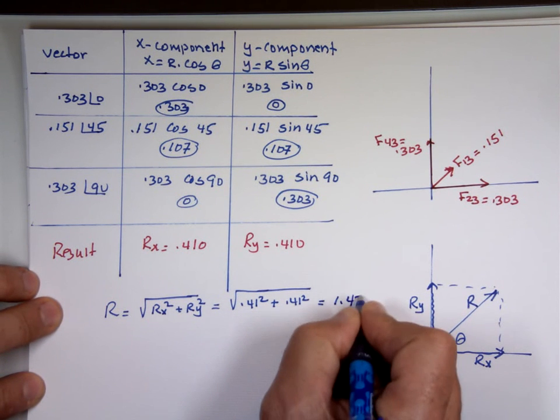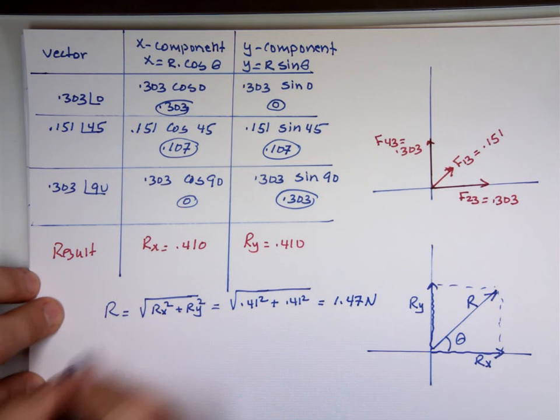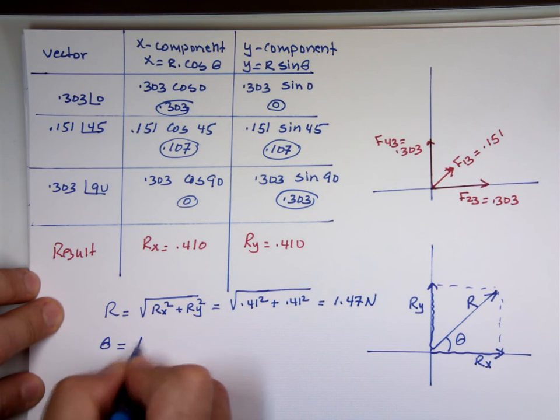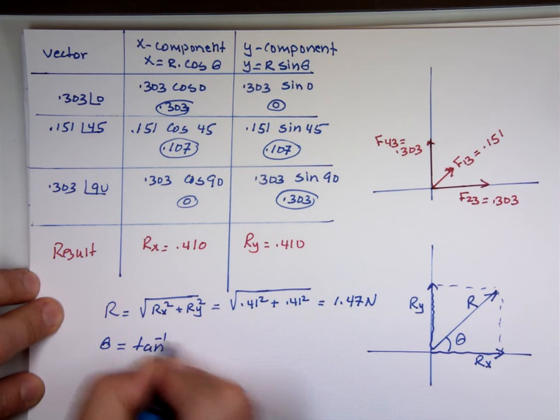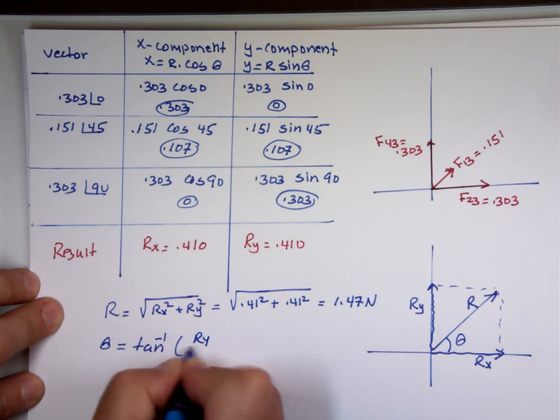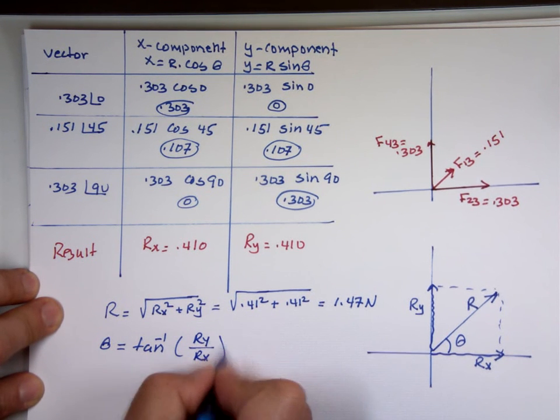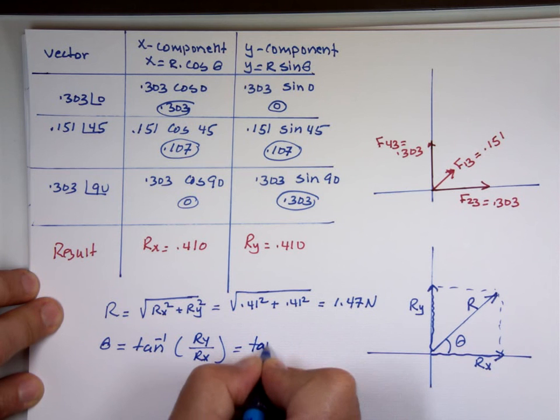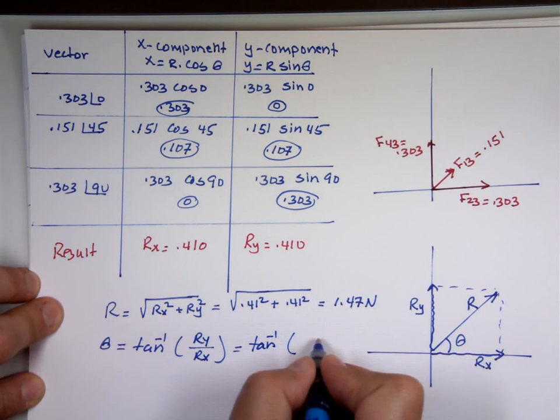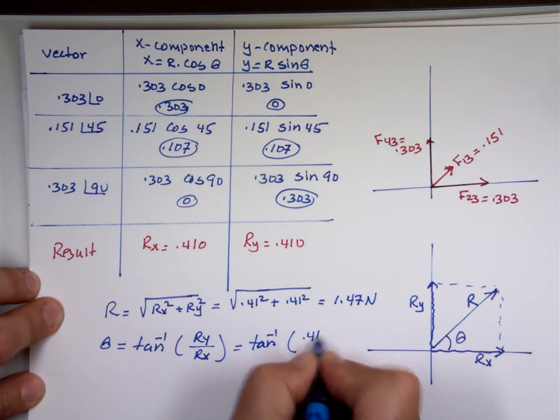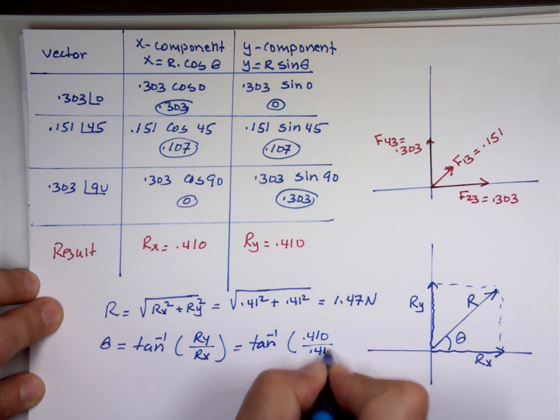And to get theta is going to be the inverse tangent of the y over the x. And that's a 45-degree angle.